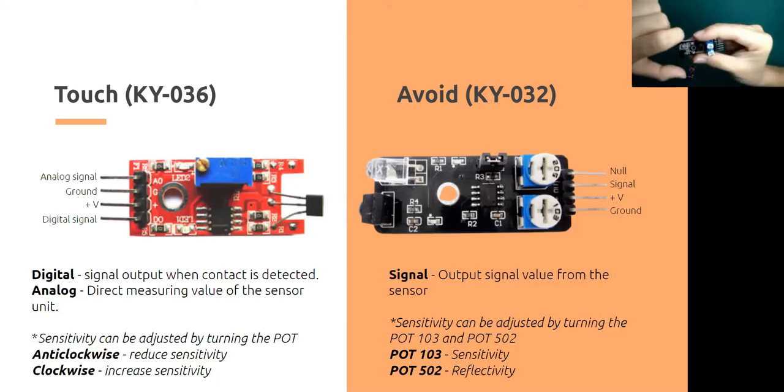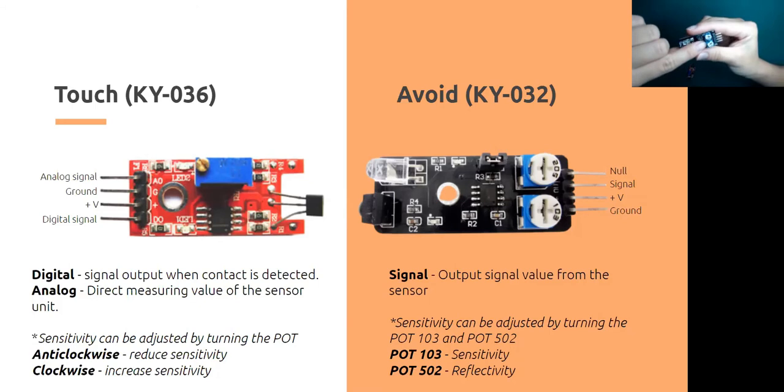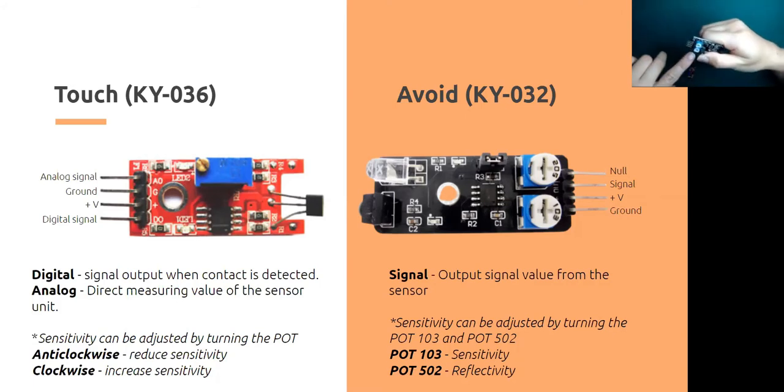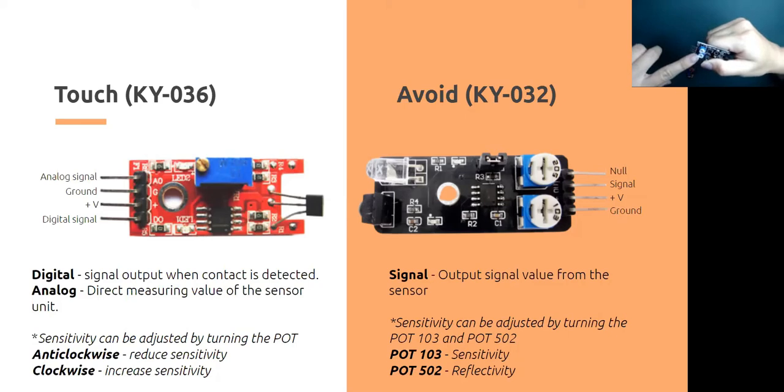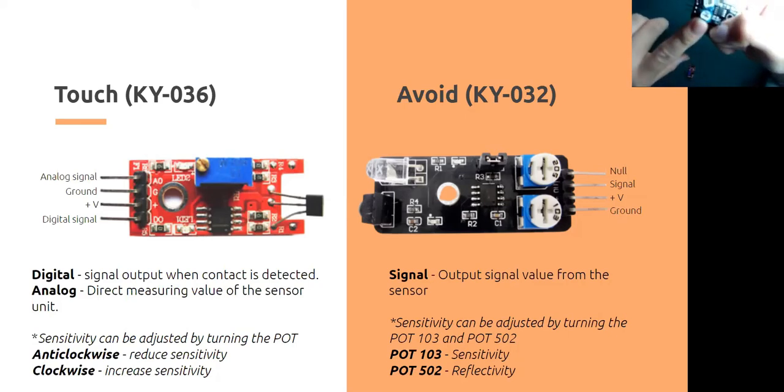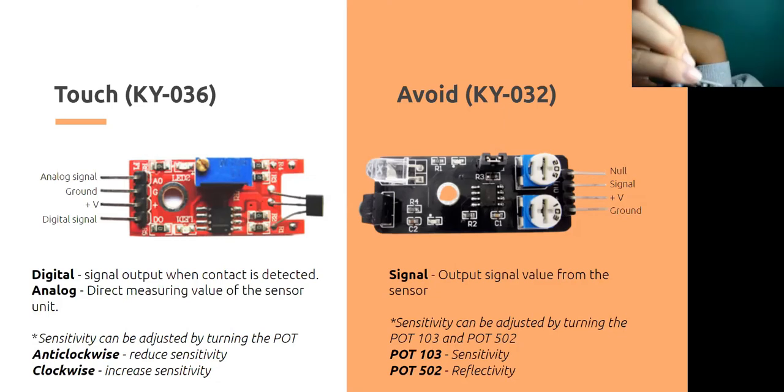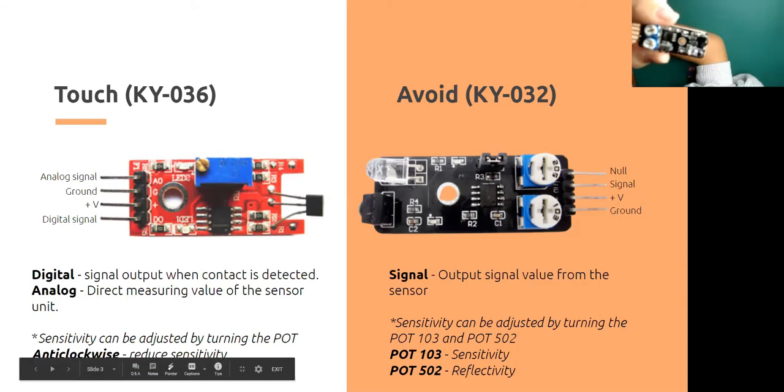For the potentiometers, you can adjust both, but each one is different. If you can see 502, this is potentiometer 502. 502 means it is for reflectivity.